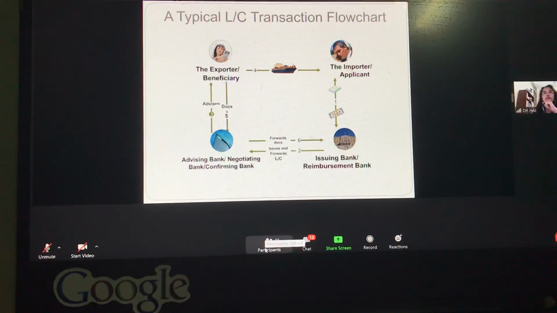If you were the exporter, you bring the documents to me, the nominated bank, and you say, Miss Hai, I want you to negotiate the documents. I want to negotiate the documents from you. You said that.